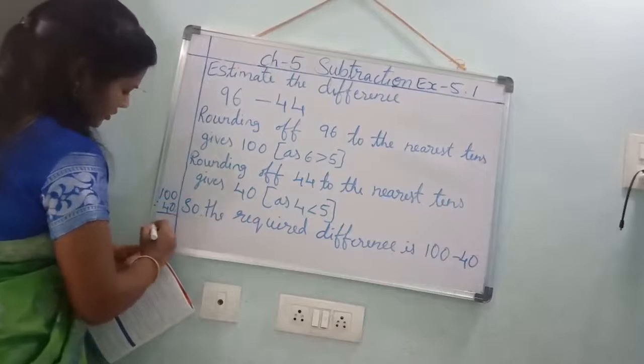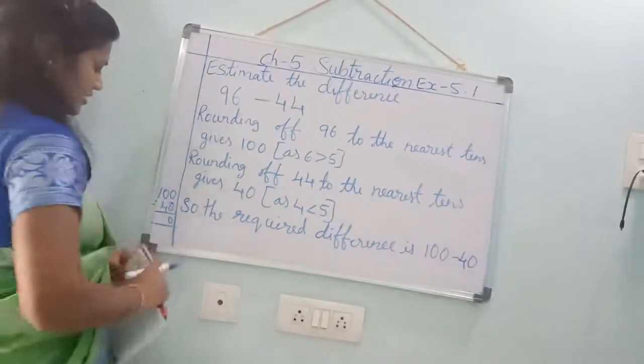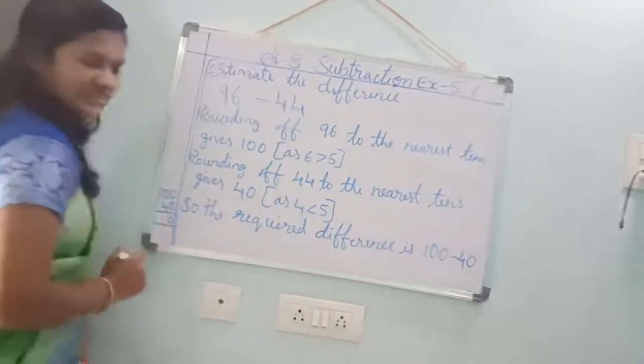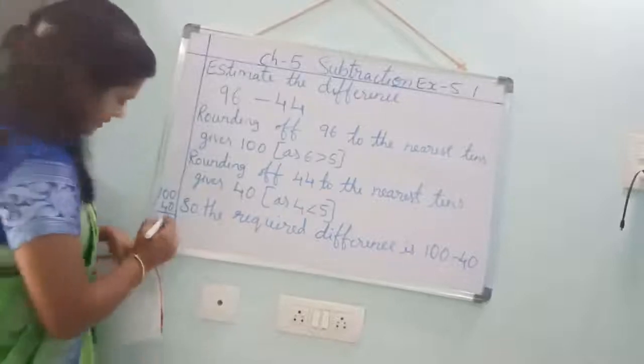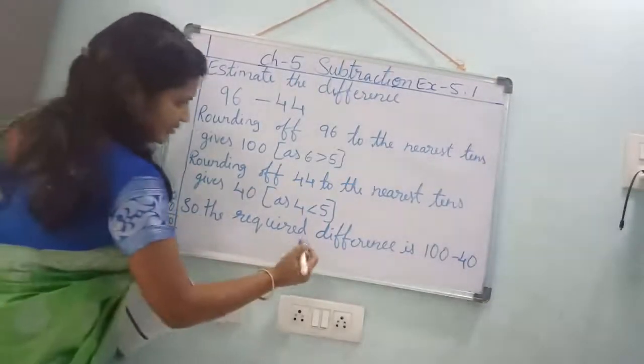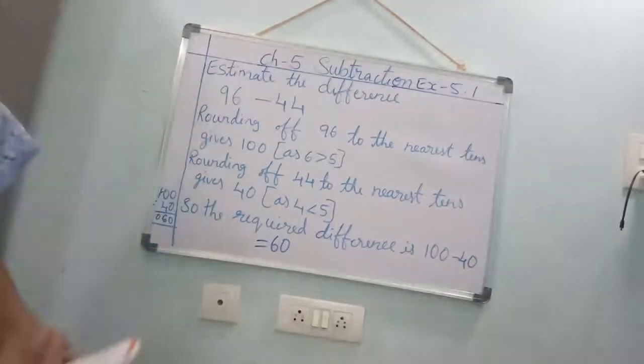What you have to do? 0 minus 0, 0. Here 0, in the 0 will 4 go? No, you should take borrow. 10 minus 4, how much? 6. Here 0, 60. What is that answer? 60 is the answer. Understood, children?